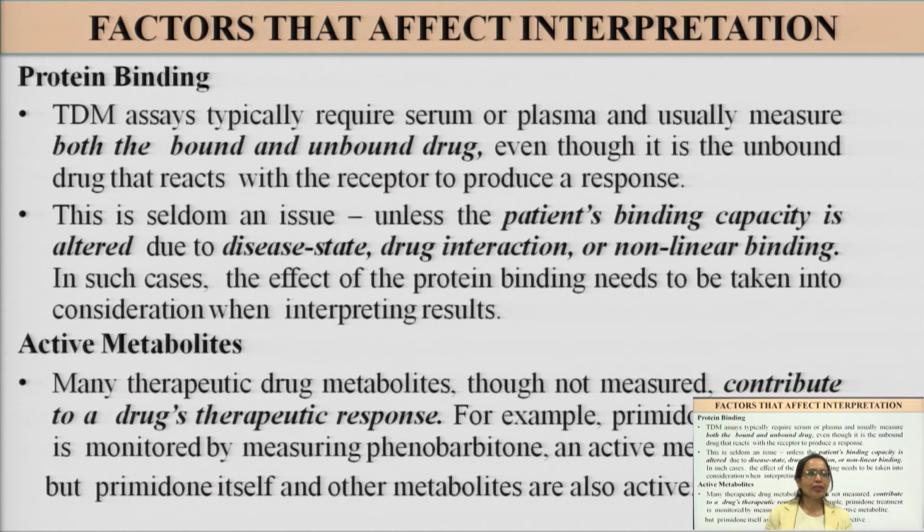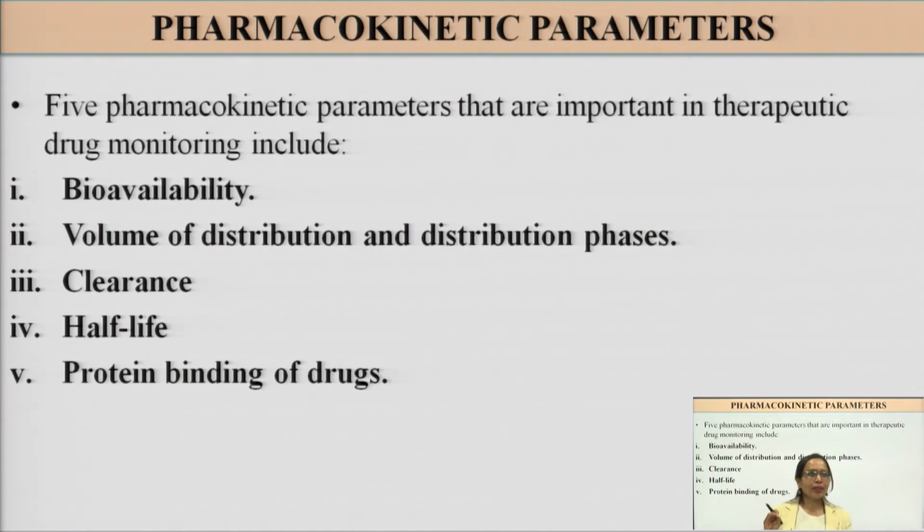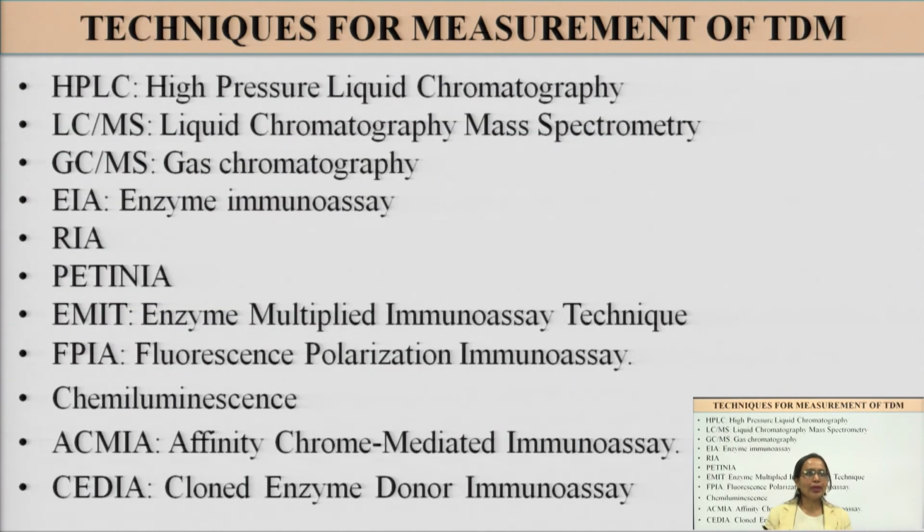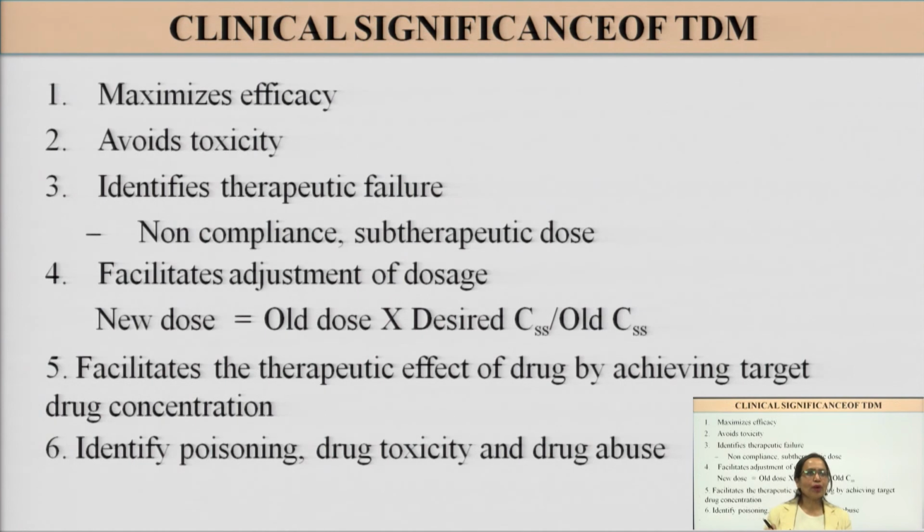We have to consider how protein binding influences TDM, and active metabolites also affect TDM. Important pharmacokinetic parameters are bioavailability, volume of distribution and distribution phase, clearance, half life, and protein binding of the drug. HPLC, LC, GC, EIA, RIA are different techniques used for TDM.